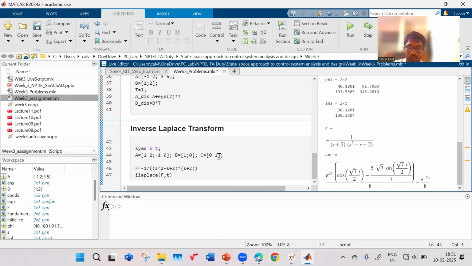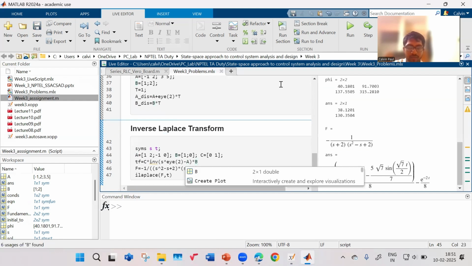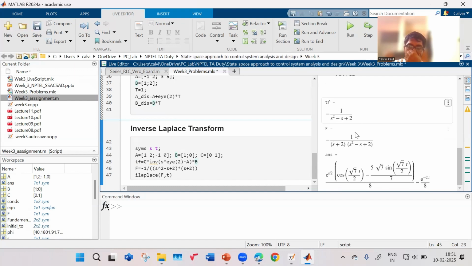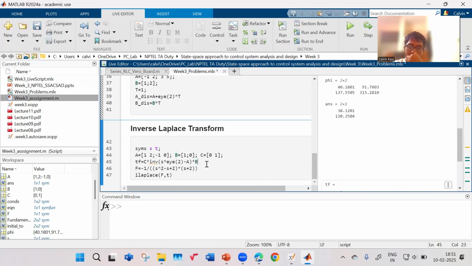So my transfer function actually is what? C into S into the identity matrix minus A, right? Into B. So let us run this section. What do we get? So this is the transfer function which we also got, right?